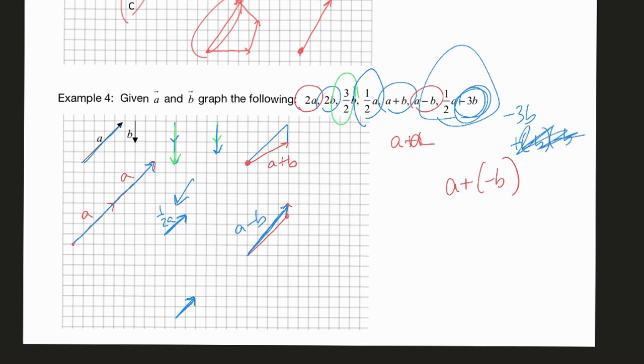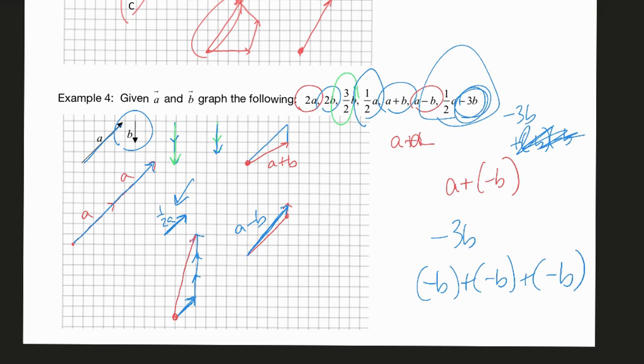Negative 3B is the same thing as negative B plus negative B plus negative B. So this is pointed downward, and I'm going to have to go upward 3 times with that. 1, 2, 3. So from the original tail to the final head is the answer to that problem.